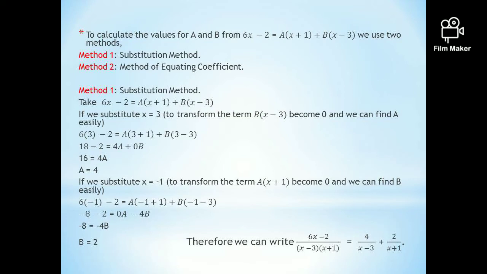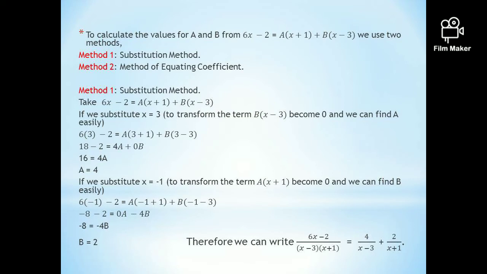Now if you want to find the answer for b, we need to make the a term 0. How are you supposed to do that? If you make x plus 1 equal to 0, you can omit a from this entire equation. Then if you substitute minus 1, what happens to that bracket? It turns into 1 minus 1, 0, a. Therefore, I'll substitute minus 1 into this equation.